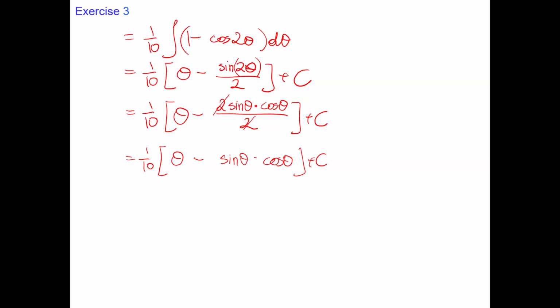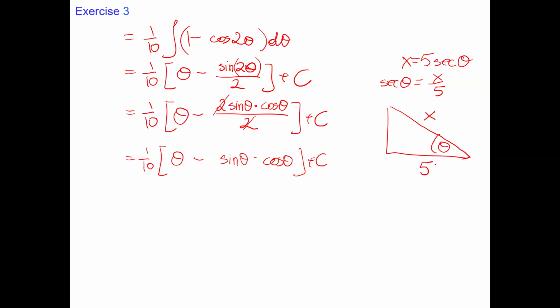What was the substitution? The substitution was x equal to 5 secant theta. That means secant theta equals x over 5. Let's build the triangle. This is theta. Secant is the reciprocal of cosine. That means it will be hypotenuse over adjacent, because cosine is 5 over x, correct?